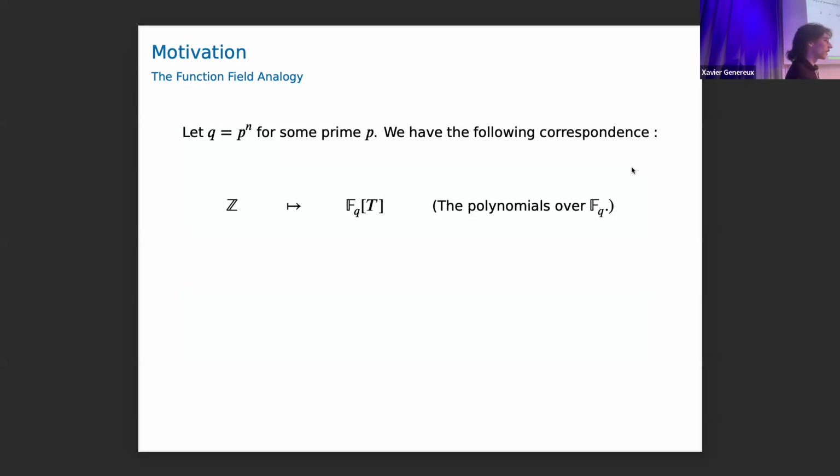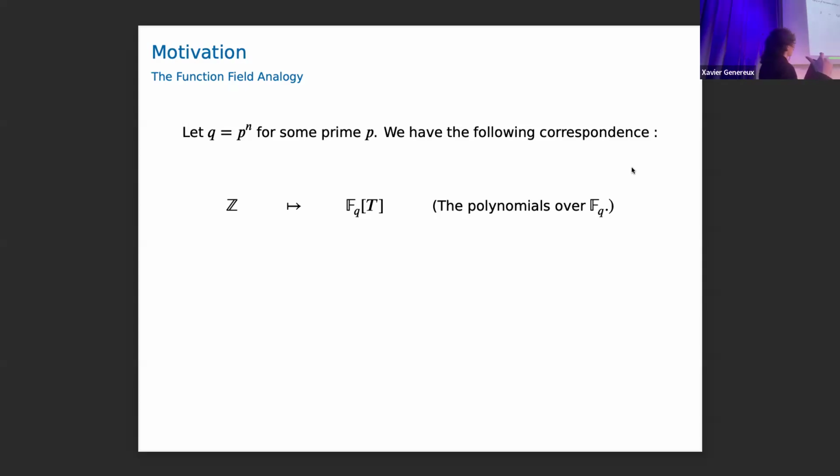The function field analogy is pretty much that we have these very interesting questions on numbers, like the Riemann hypothesis, and then we have something that's kind of similar. Here I have polynomials over a finite field F_q, and actually these share a lot of similar properties. It's quite interesting.